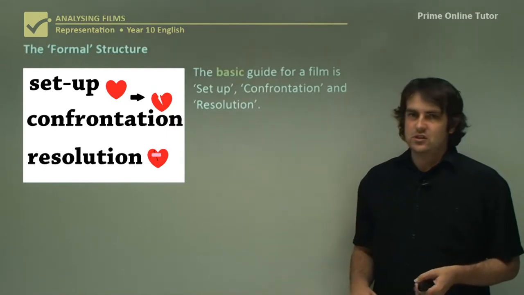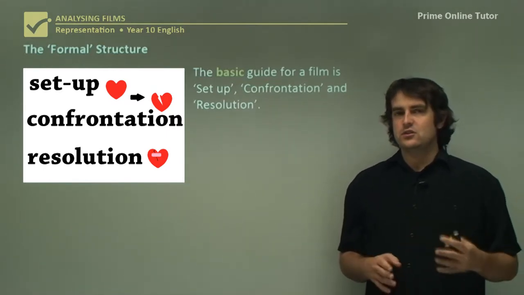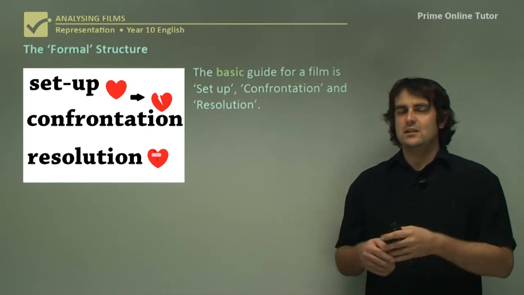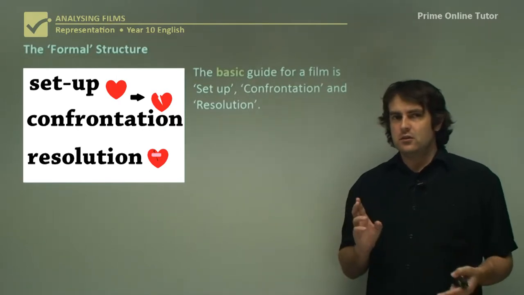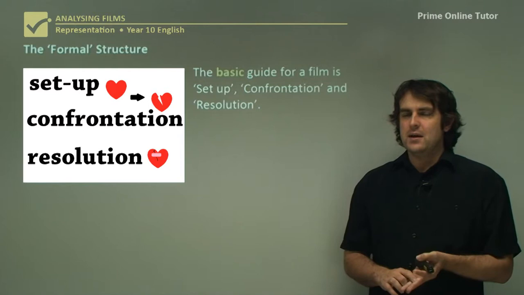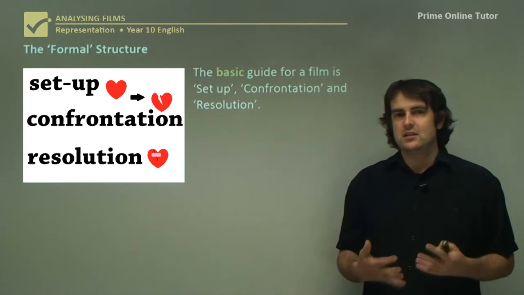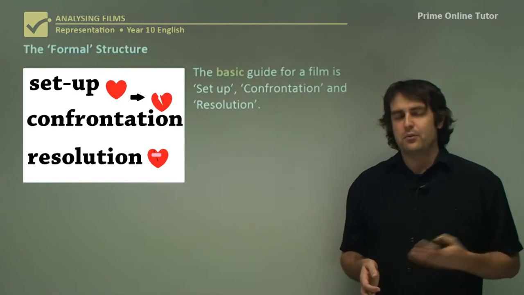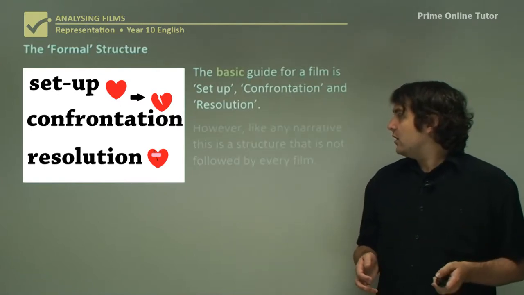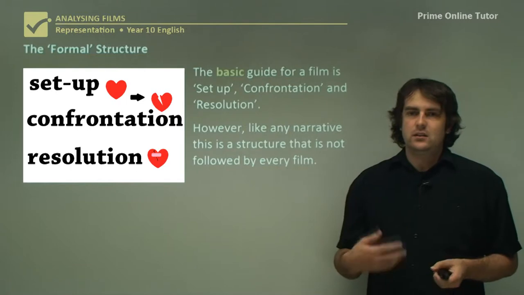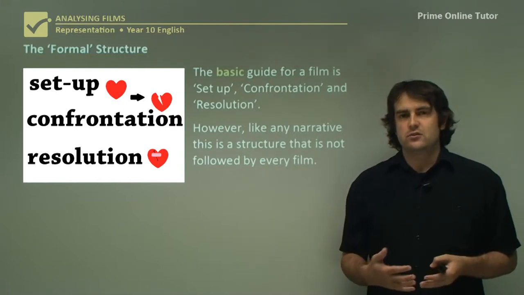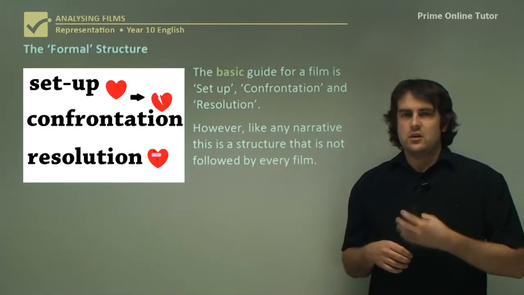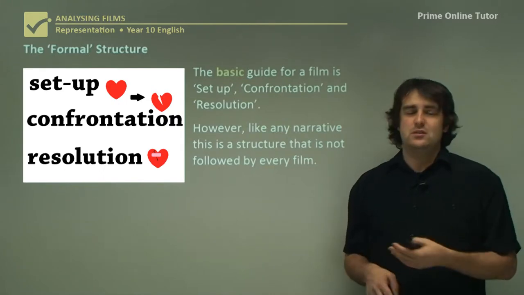And then your resolution is your events, not just the resolution itself, but the events that lead up to it. So all the things that lead up to the great climax of the film, where things start to be put back together again. That's basically the 3-act structure in a nutshell. Now, it's basically like any other narrative structure that you'll see: a beginning, middle, and end, and that's even what some film groups call it.